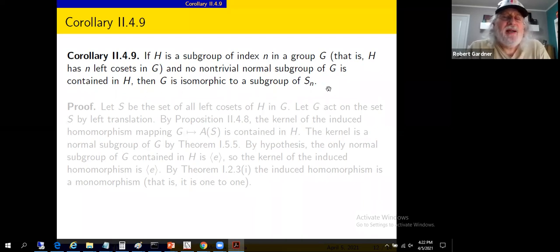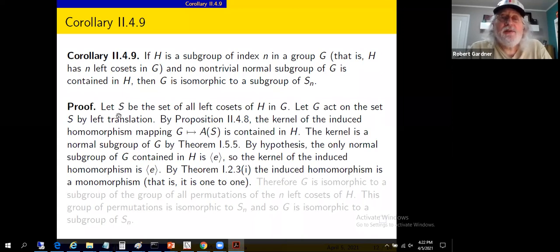So this reminds me of Cayley's theorem. It's not Cayley's theorem. The hypotheses are a bit more stringent than they were for Cayley's theorem. Cayley's theorem could draw this conclusion simply by having G as a finite group. We don't have that hypothesis, but we do have that conclusion.